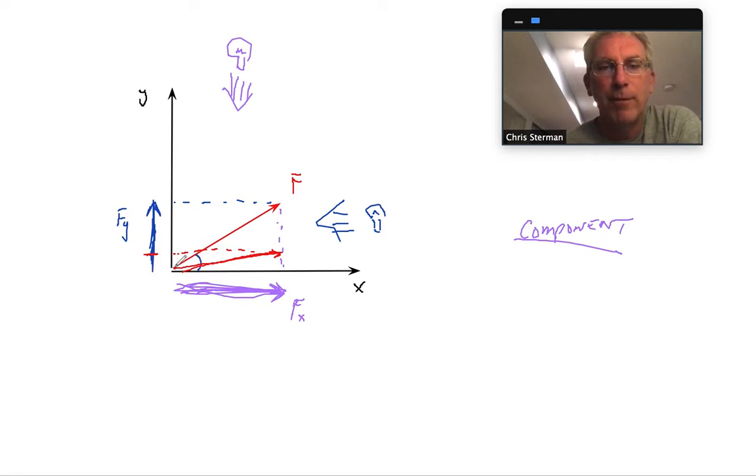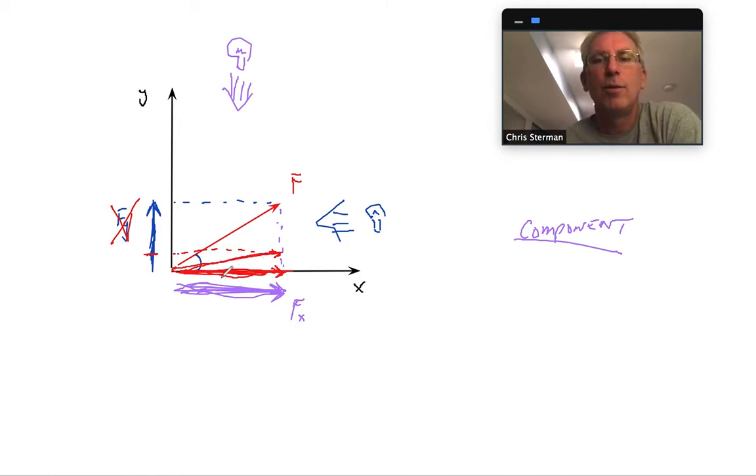Or if I put my force right along the x-axis, like so, then I would still have the same x part, right? My force and the x component would be the same, but my y component would drop off to 0. There's no longer a force in the y direction if my force is completely in the x.